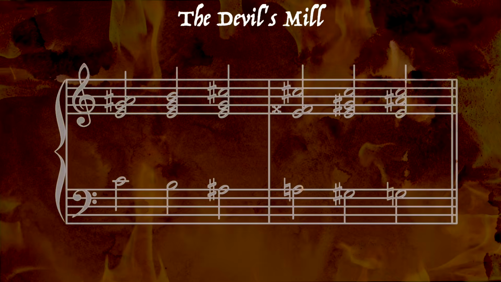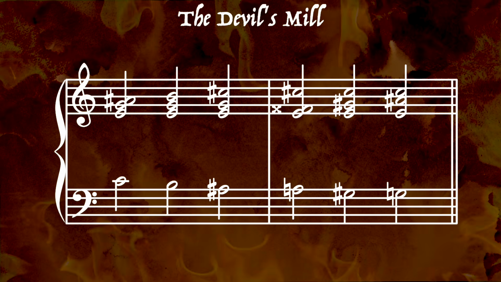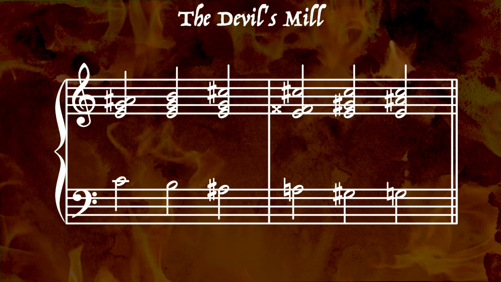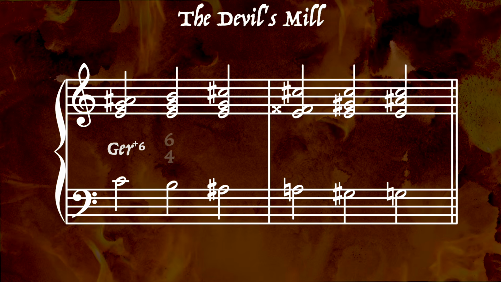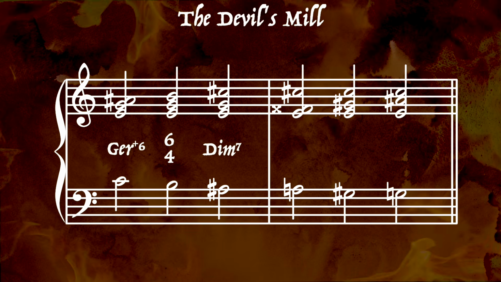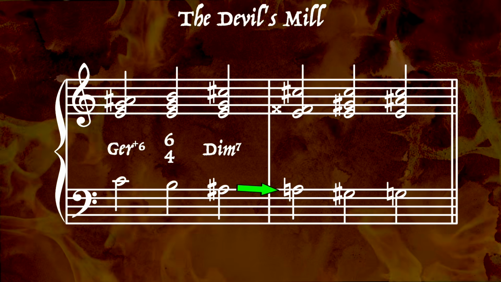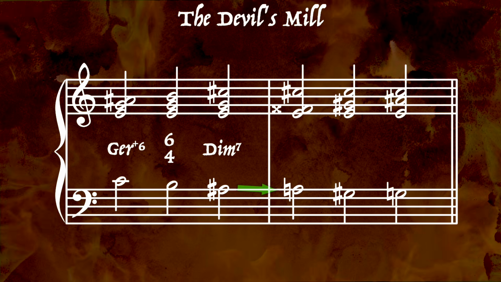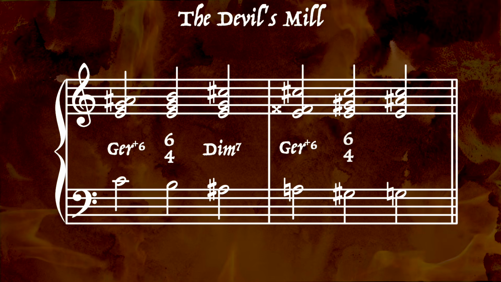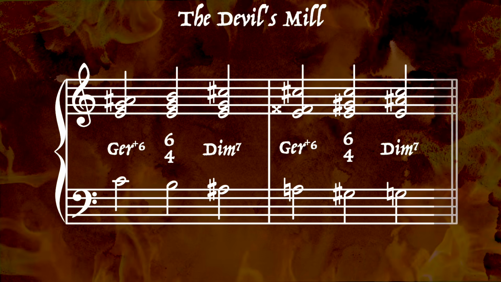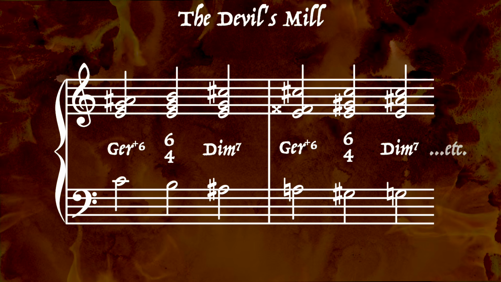If, for example, we take the descending version of this phrase, whereby we can just keep cycling through the chromatic sequence of German 6th to 6/4 to diminished 7th, and continue the following chromatic bass, and then recommence the same exact pattern with a German 6th to 6/4 to diminished 7th, etc., we can essentially keep this going as long as we want.